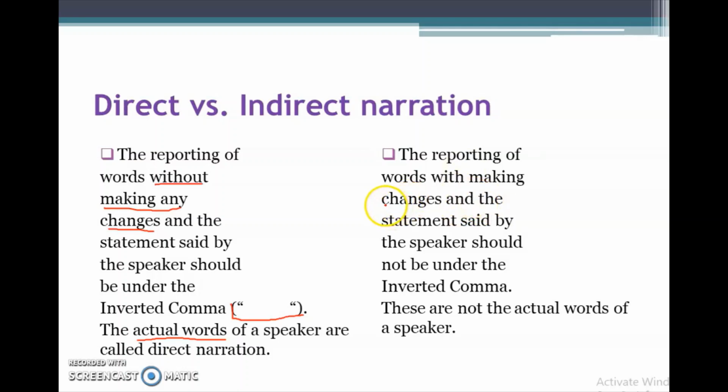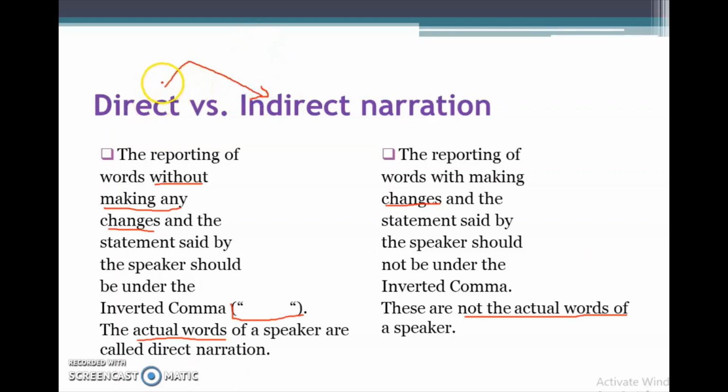We change the words, and while keeping the theme of the narrator as it is, we just change the statement. So in indirect narration, there are not the actual words of the speaker. This is the basic difference between direct and indirect narration.